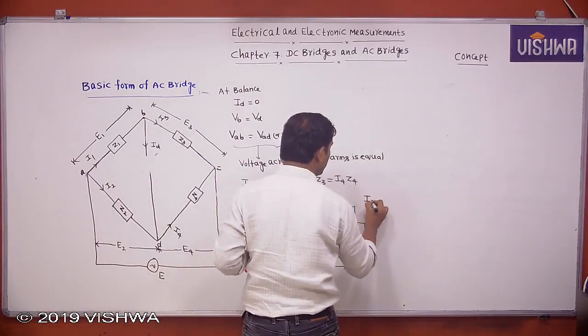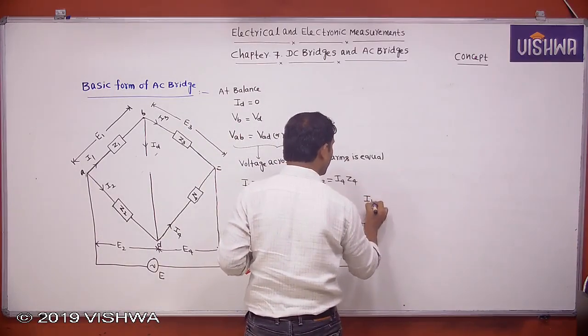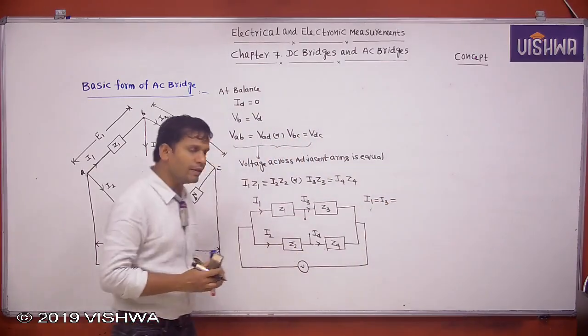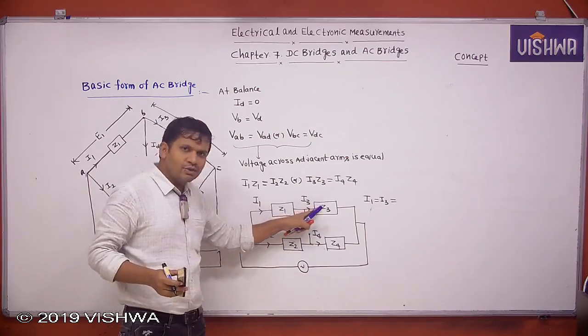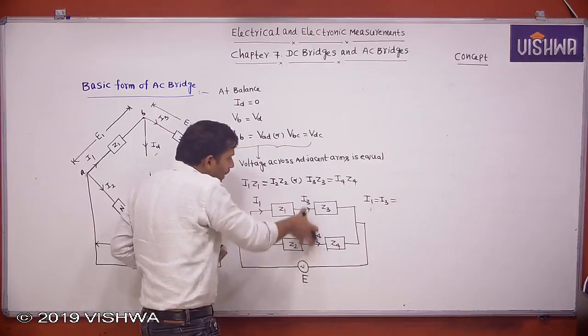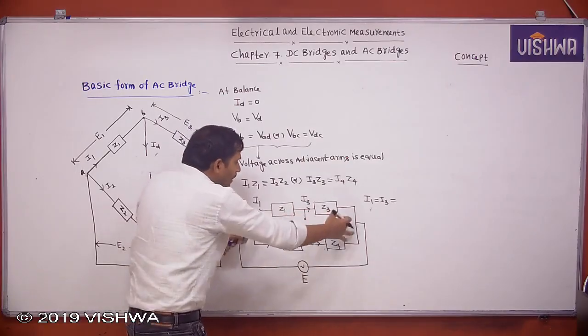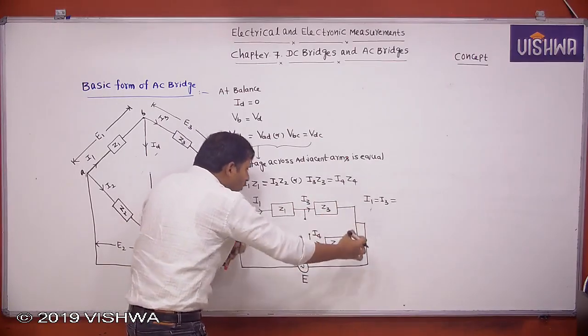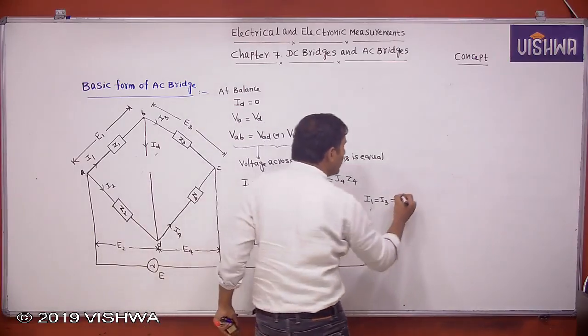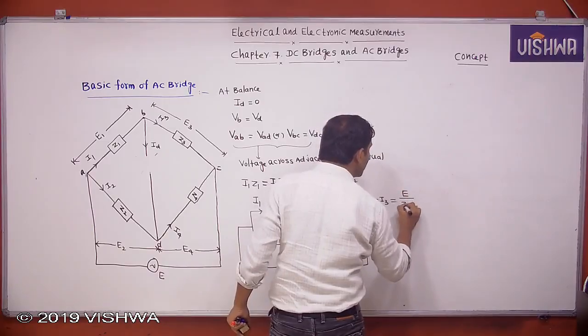How to write these currents? You tell me. What is the total voltage we applied? E volts. These are two parallel branches, so the voltage across this branch is E, and the voltage across the other branch is also E. Now I1 equal to I3 equal to E by Z1 plus Z3.